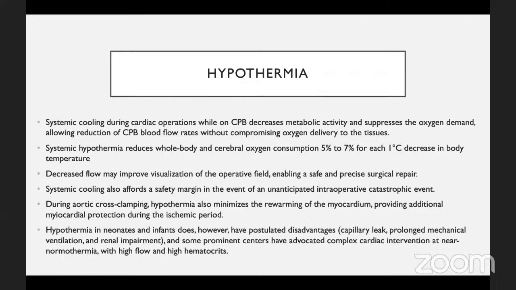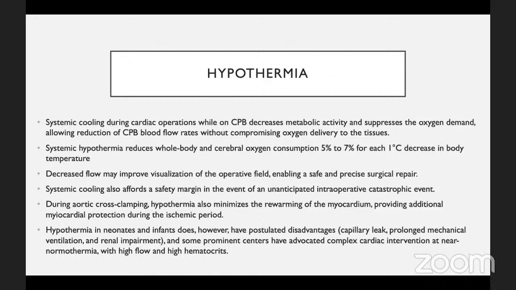Systemic cooling during cardiac operation while on cardiopulmonary bypass decreases the metabolic activity and suppresses the oxygen demand, and this will allow a reduction of cardiopulmonary bypass blood flow rate without compromising oxygen delivery to the tissues.